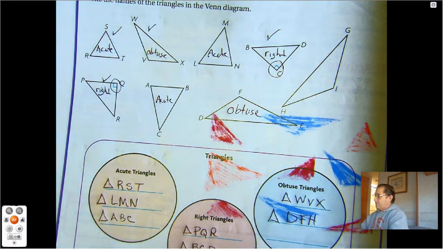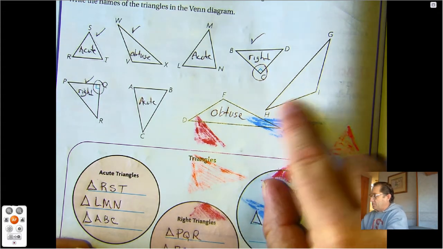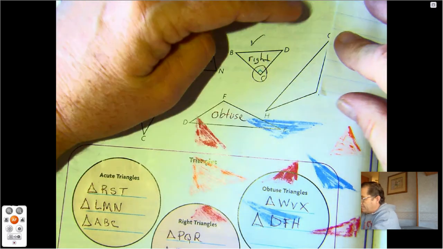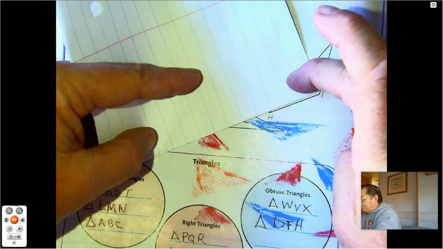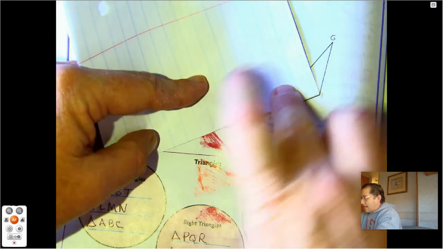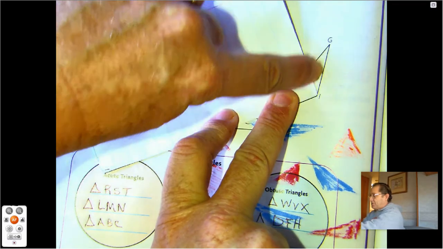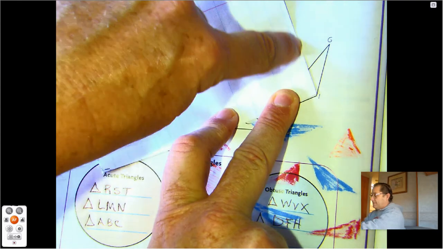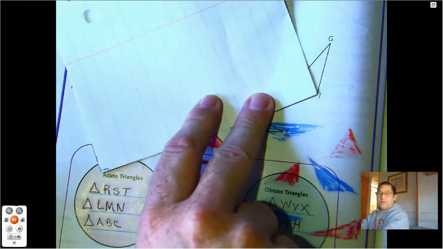And we have one triangle left. And when I look at this, I think this is an obtuse angle. So when I line up the corner of my paper with angle I, you notice that ray IG is not lining up with the edge of the corner of my paper. So it's wider than a right angle.